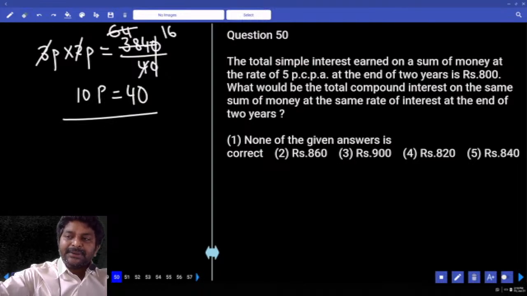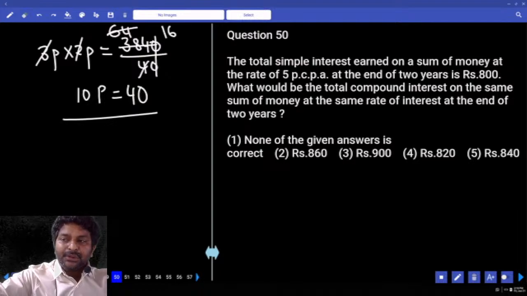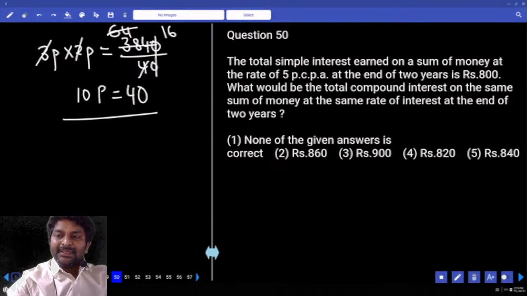The total simple interest earned on a sum of money at the rate of 5% per annum at the end of 2 years is 800. What would be the total compound interest on the same sum of money at the same rate of interest at the end of 2 years? Simple interest is mentioned at the rate of 5% per annum at the end of 2 years.